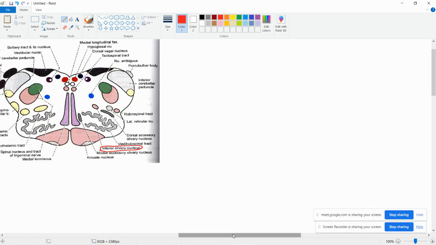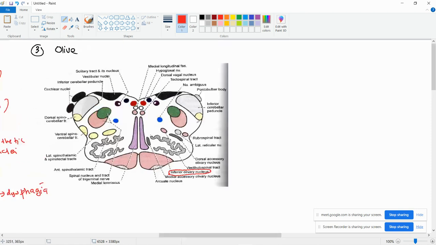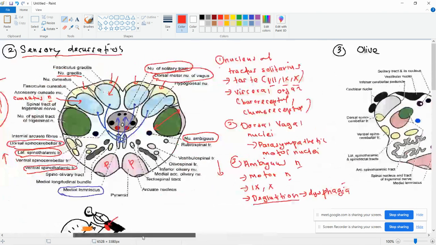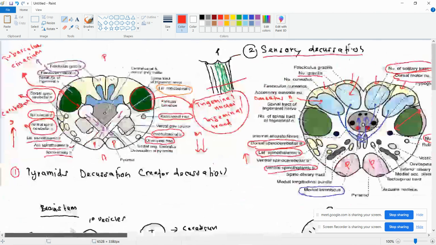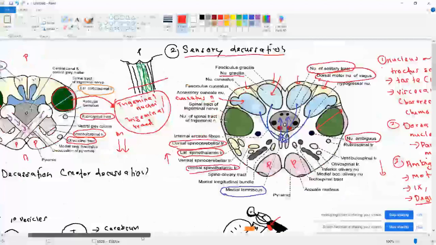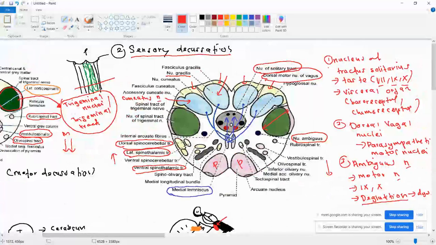Next class, what else can you see here? For example, the anterior spinothalamic tract. This tract has different locations now. Just now, when we talked about the sensory decussation and pyramid decussation level, most of these tracts were sitting laterally. Now we can see these tracts start moving medially.